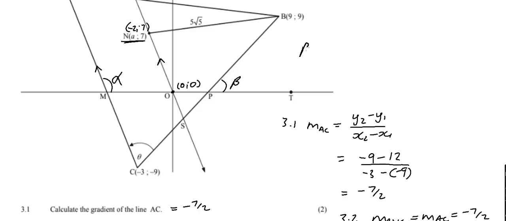We will just say to find beta is going to be arctan of the gradient BC, and that is it. Now to find alpha, because alpha is the angle of inclination, or we could say even the angle of declination, of the straight line with a negative gradient, we can say alpha is equal to arctan of gradient AC plus 180 degrees.